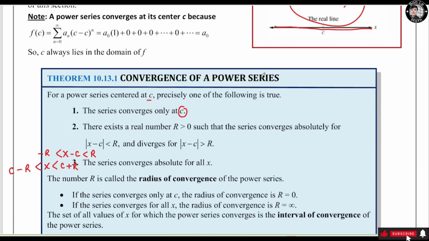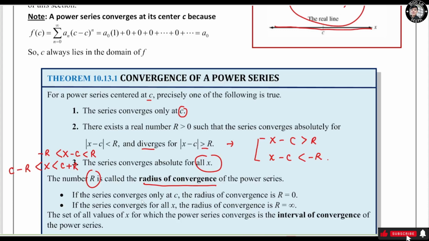And we look at this one right here, it's actually this. And the series diverges for the absolute value of x minus c greater than r. This is the same thing as x minus c greater than r, or x minus c less than -r. Number 3, the series converges absolutely for all values of x. The number r is called the radius of convergence of a power series.